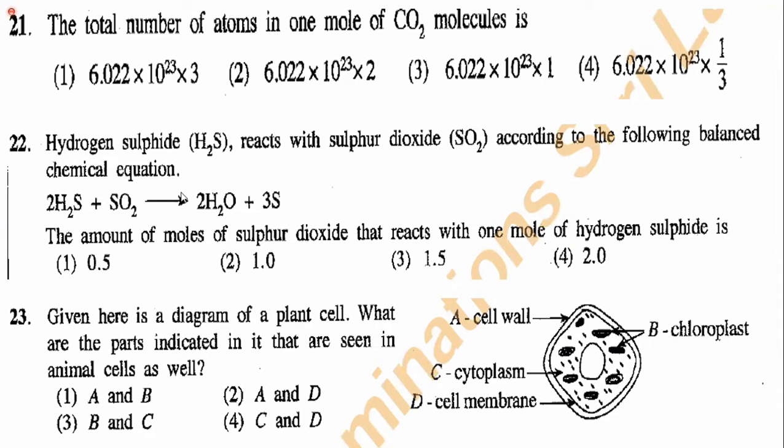Therefore, to find the total number of atoms in 1 mole of CO2, the Avogadro constant should be multiplied by 3, because one molecule is made of 3 atoms.